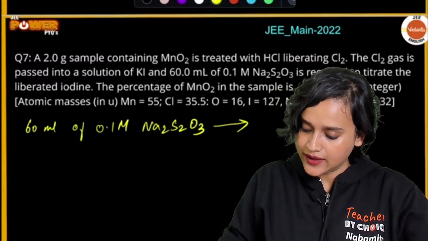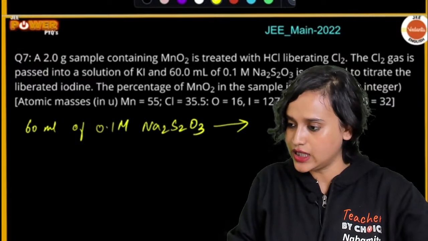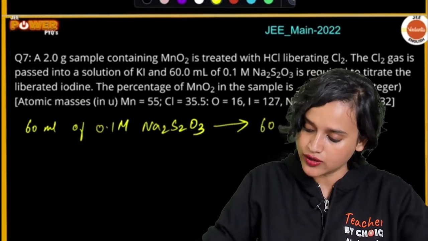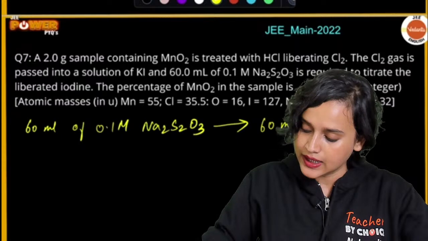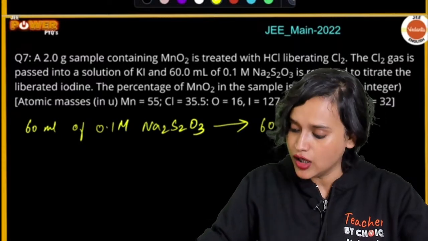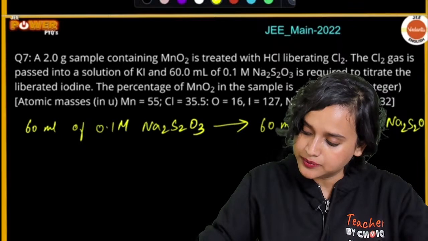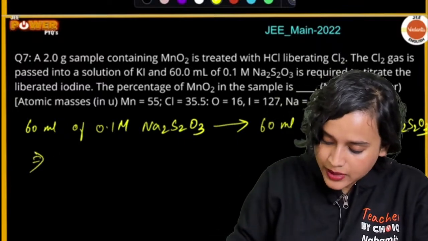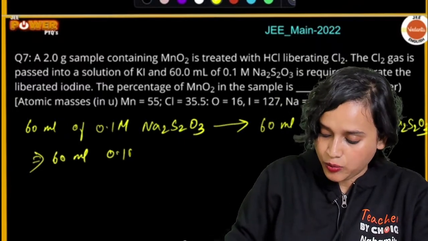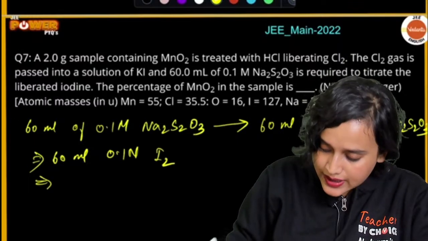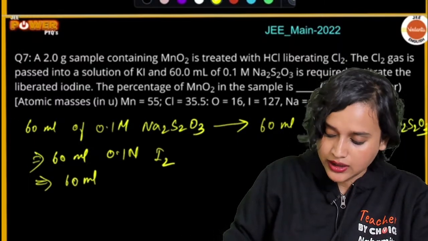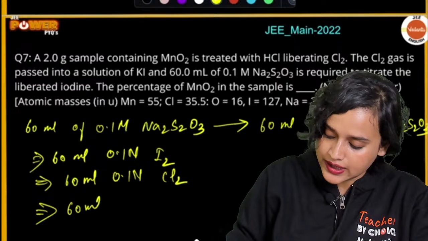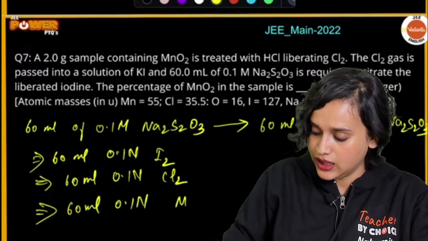If we take Na2S2O3 of 0.1 molar, we can also say 60 ml of 0.1 normal Na2S2O3. This means that 60 ml 0.1 normal I2 is equivalent to 60 ml 0.1 normal Cl2, which is also equivalent to 60 ml 0.1 normal MnO2.